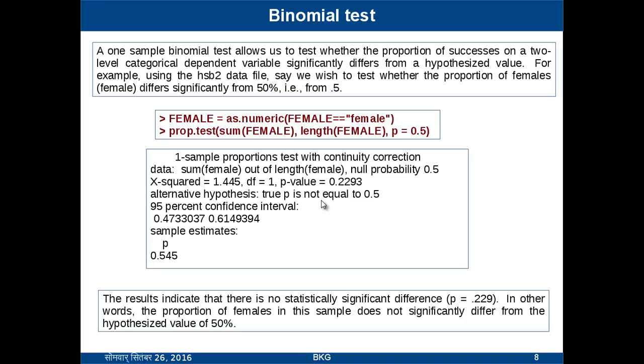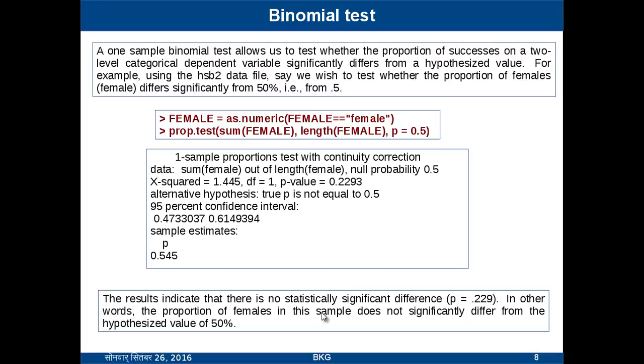So our null hypothesis, that the true proportion value is equal to 0.5, is not rejected, that is, we accept that true p is equal to 0.5. The result thus indicates that there is no statistical difference. In other words, the proportion of females in this sample does not significantly differ from the hypothesized value of 0.5.